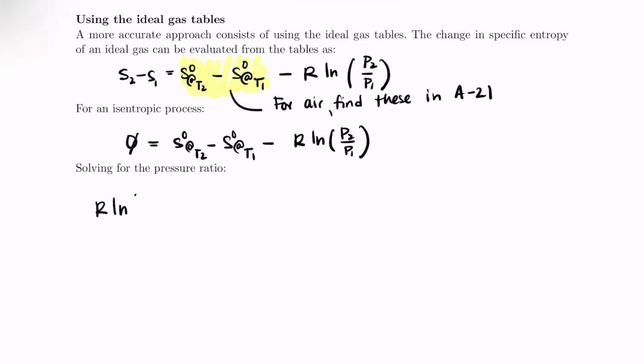So R natural log of P2 over P1 is equal to S0 at T2 minus S0 at T1.